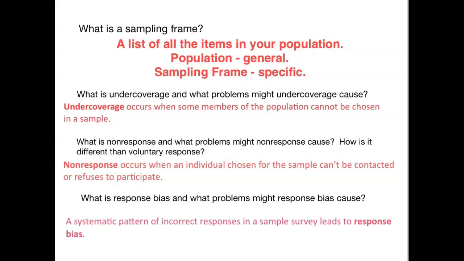And then bias is just a systematic pattern of incorrect responses, or we'll talk about another definition of bias, which is when you systematically overestimate or underestimate the result of something.